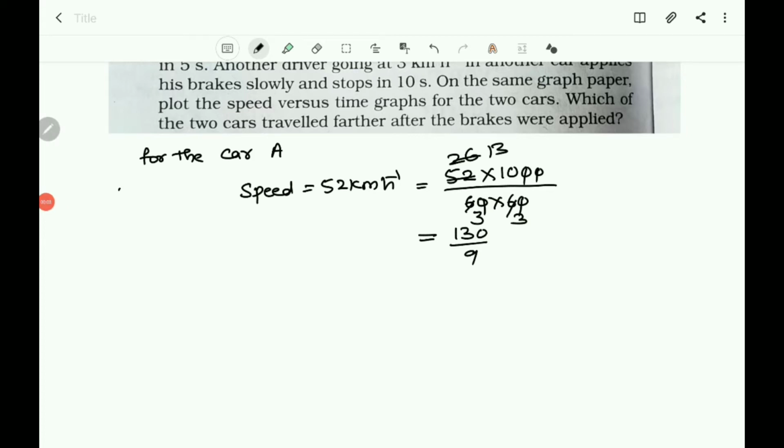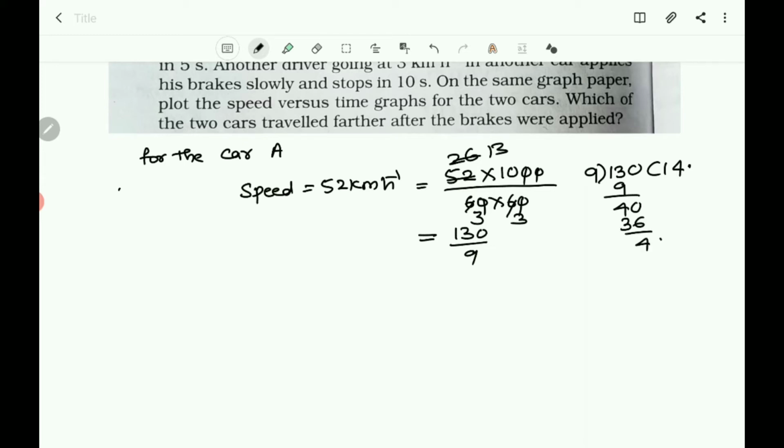Divide 130 by 9. 9 ones are 9, so it becomes 13 minus 9 is 4. Take 0. Then 9 4s are 36, again the remainder is 4.